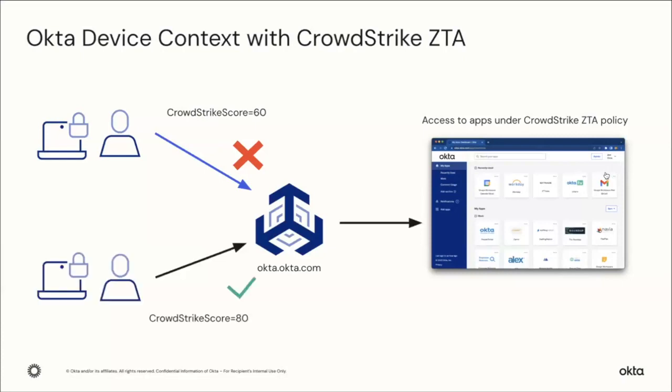So on an endpoint that is managed, and we have the CrowdStrike agent, we're able to tighten the policy thresholds to say, if CrowdStrike gives this an arbitrary score of 60, we're not going to let it into this resource. But if it's sufficiently healthy, let's say an arbitrary score of 80, then we can. And as I've seen this roll out, it's more like we figure out how to gradually tighten those tolerances as we start seeing that penetration in our environment.